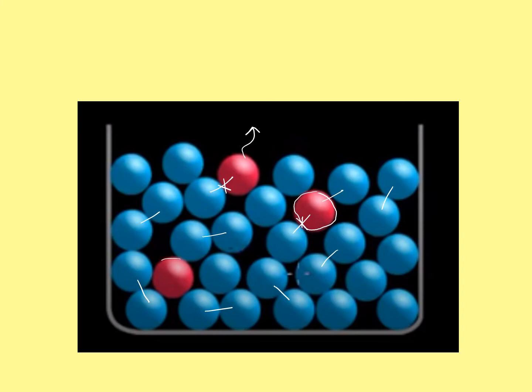It has lots and lots of energy, so it might break its bond, but then it'll be moving really fast and collide maybe with this one, and form a bond with it. So evaporation happens when particles have enough energy to become separate from the rest of the liquid and they become a gas.